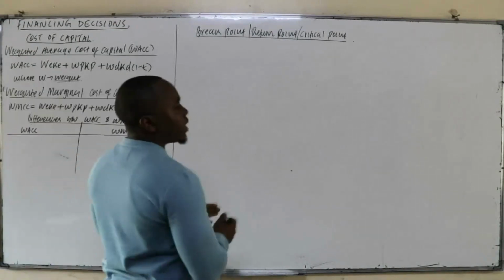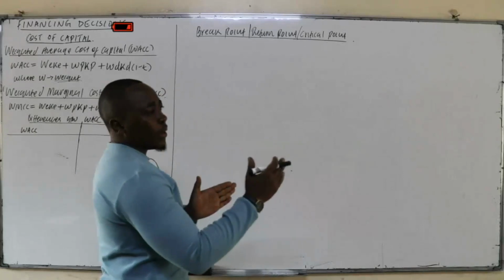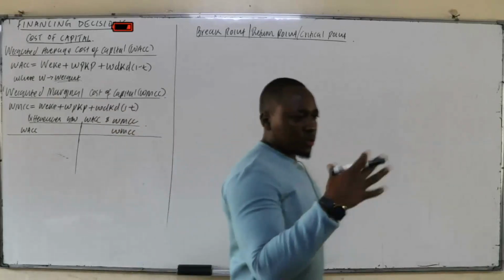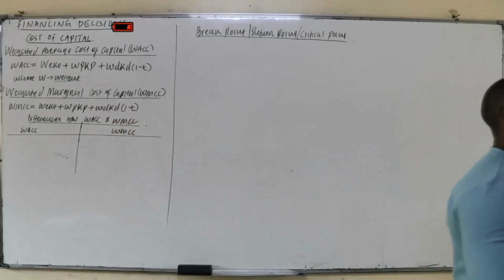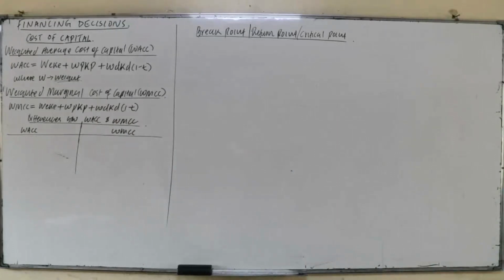Yeah, that's what we call the breakpoint. You're saying that breakpoint is a point whereby a given source of capital is exhausted, and the investor opts to use the next expensive source of capital.